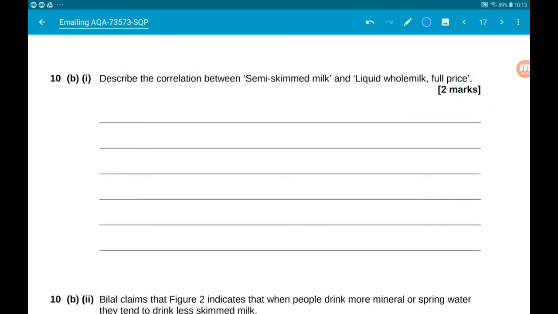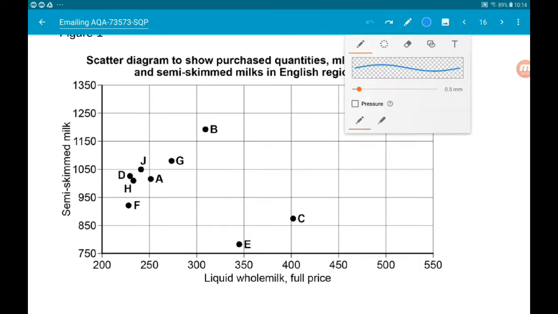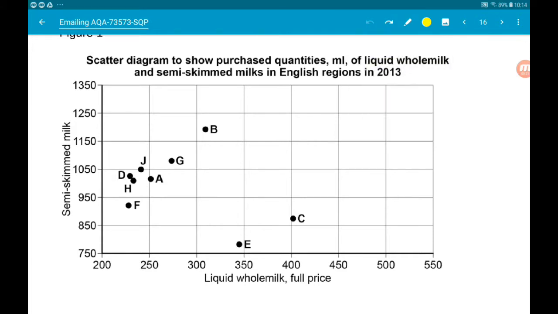B part 1 wants us to describe the correlation between semi-skimmed milk and liquid whole milk full price. So going back to figure 1, well, we can see that most of the regions over here would suggest positive correlation between sales of whole milk and semi-skimmed milk.